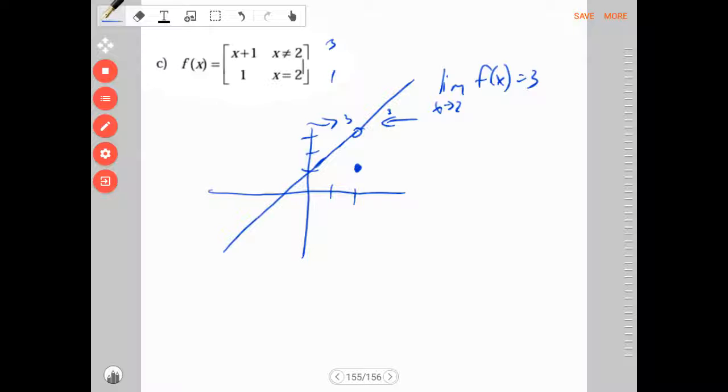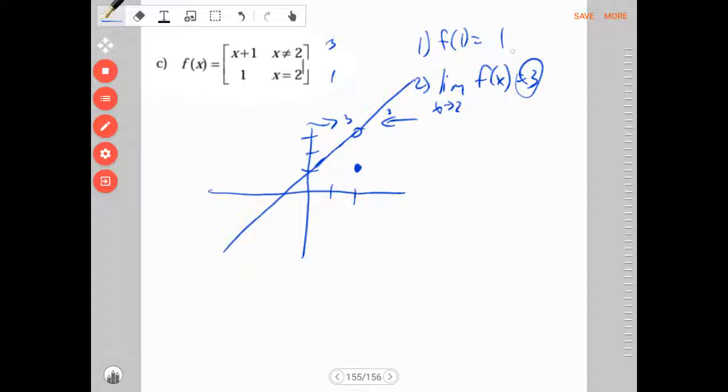Rule 2 is fine. Rule 1, the function evaluated at 2 equals 1, so rule 1 is fine. We can see that the limit as x approaches 2 is 3, and the function evaluated at 2 equals 1.